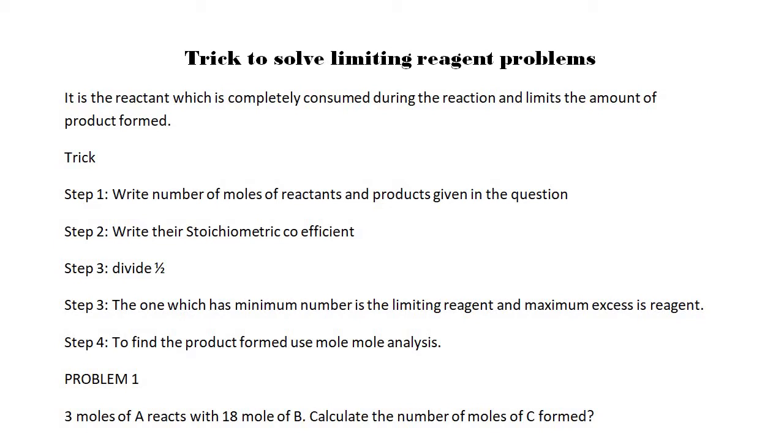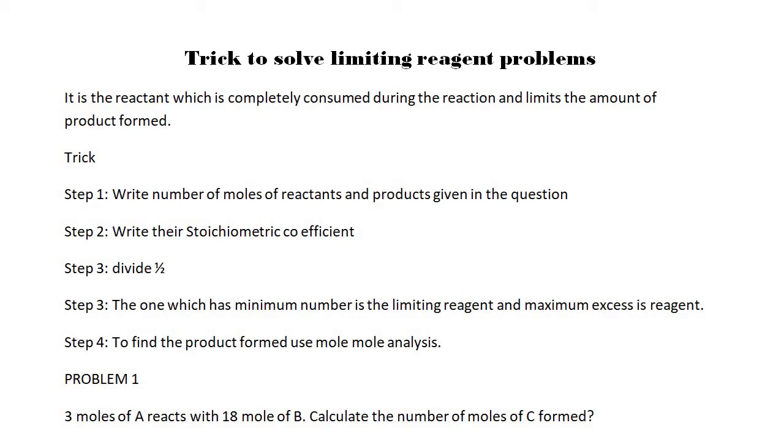There are 4 tricks to find which is the limiting reagent and to find the amount of the product formed. The first step is that we need to write the number of moles of the reactants and products which is given in the question. The second step is that we need to write the stoichiometric coefficient, if the reaction is given.